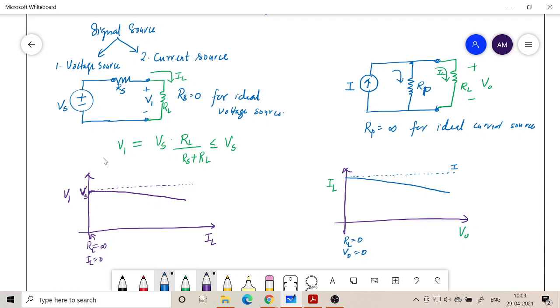We will see how current sources are utilized. We will come across circuits in this course where we require a current source, but in general, any application where we require constant current to be supplied irrespective of the voltage change.